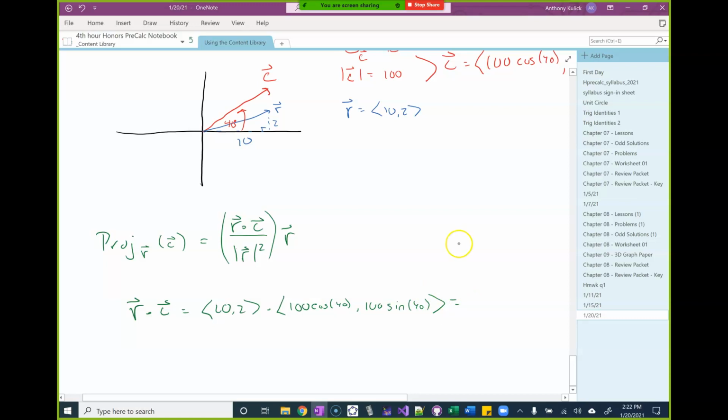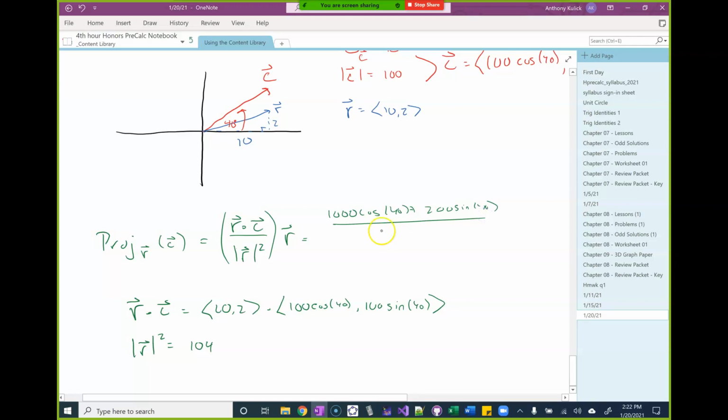So when I do this, 10 times that is 1,000 cosine 40, plus 2 times that is 200 sine 40, and then over 104, times the vector 10, 2.